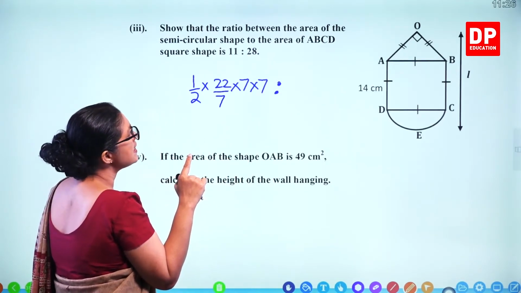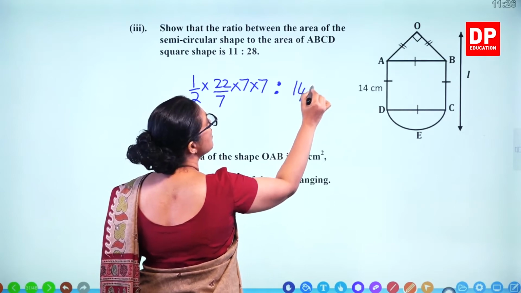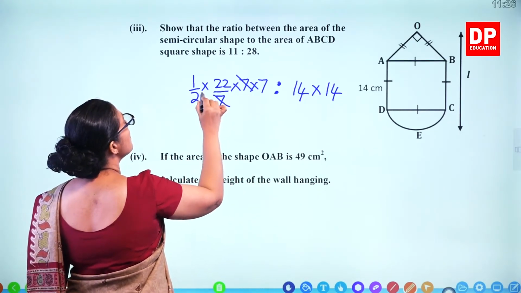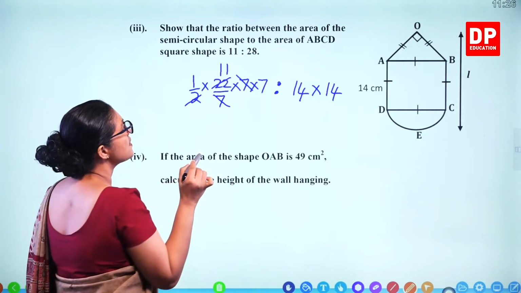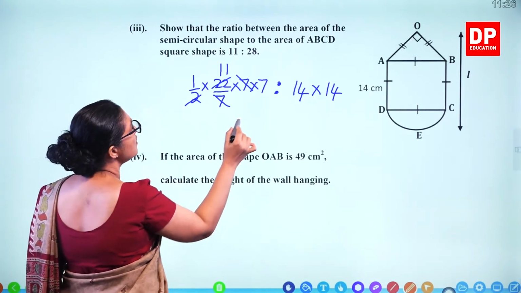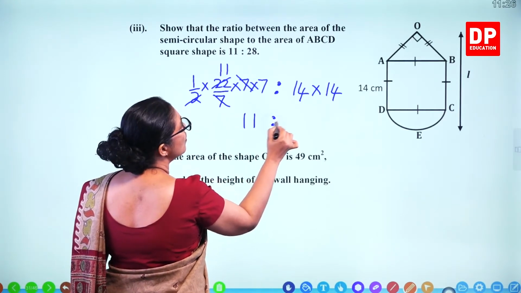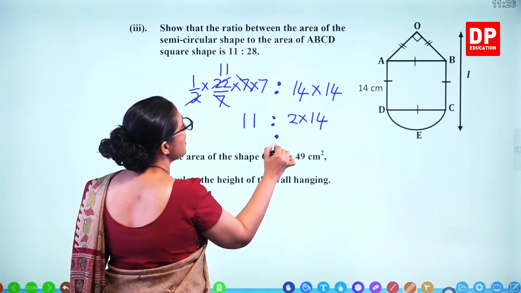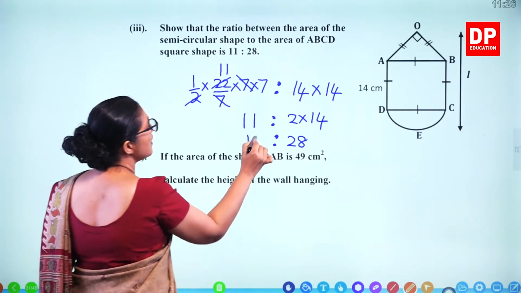That's ABCD, 14 times 14. Now we can simplify. Divide by 7, you get 11 times 7. Here you get 2 times 14, that's 28.